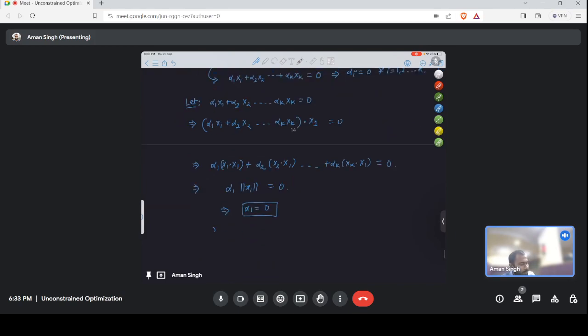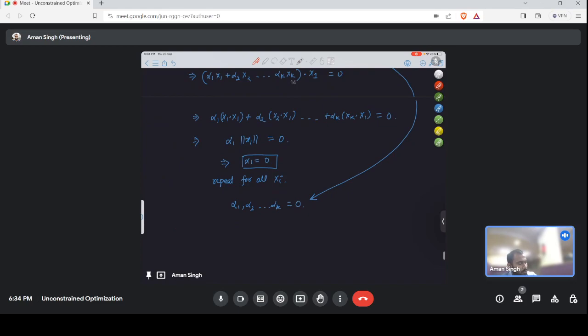We can repeat this for all xi, and we get that all the alphas are 0. So we proved that if alpha 1 x1 plus alpha 2 x2 plus ... plus alpha k xk is 0, and x1 to xk are mutually orthogonal, then alpha 1 through alpha k are all 0. This means the above statement is true: all mutually orthogonal sets of nonzero vectors are linearly independent.